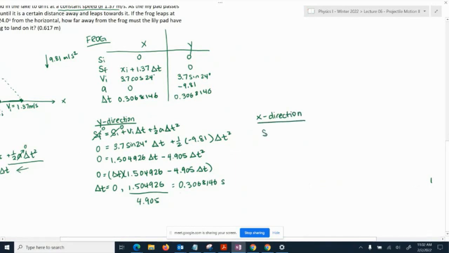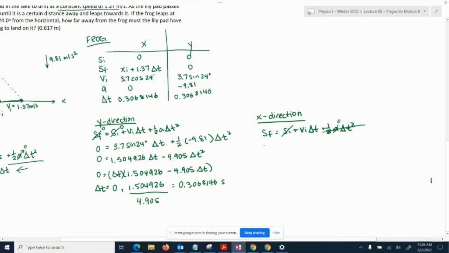So we're going to use the same equation. And what is it that equals 0? S initial is 0, so this is gone, and A is 0, so that means this whole term is going to be gone.